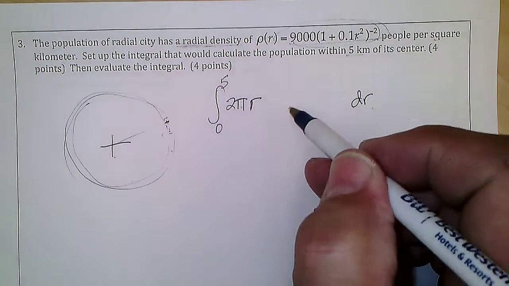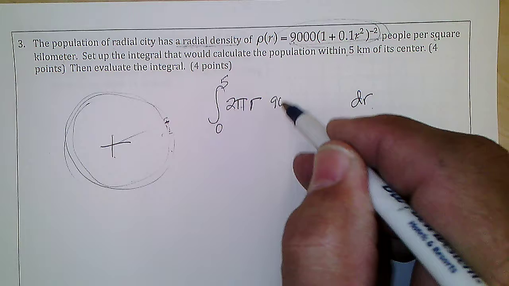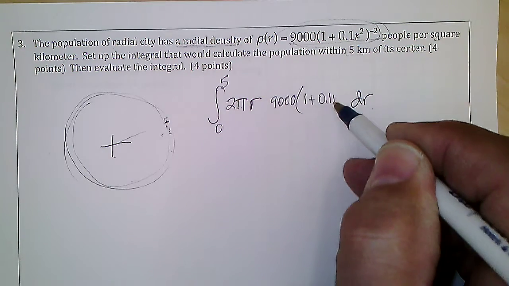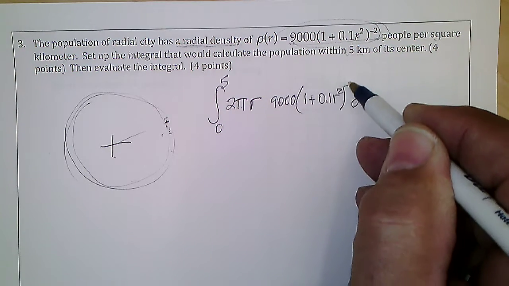That would be the number of people per area. That would be 9,000 times (1 plus 0.1 r squared) to the minus 2.